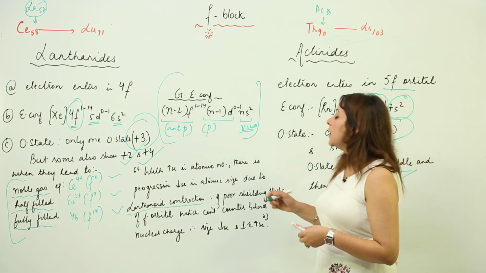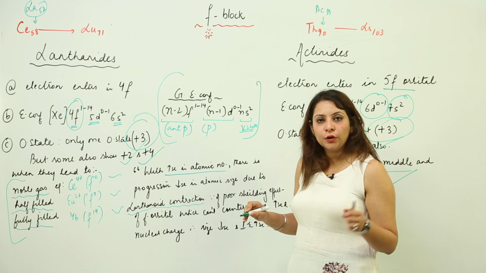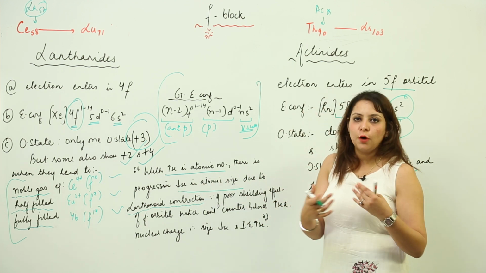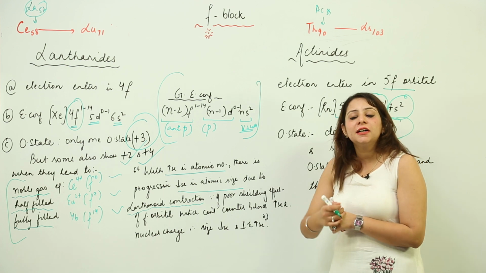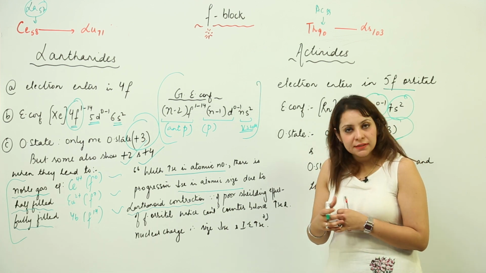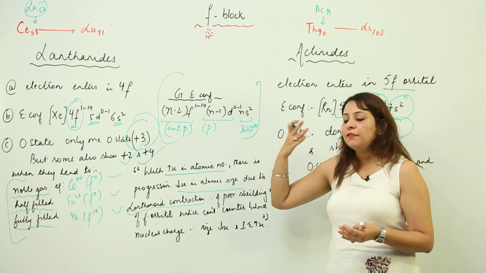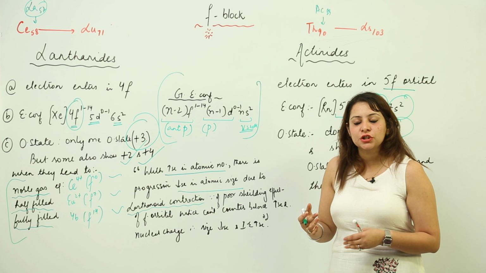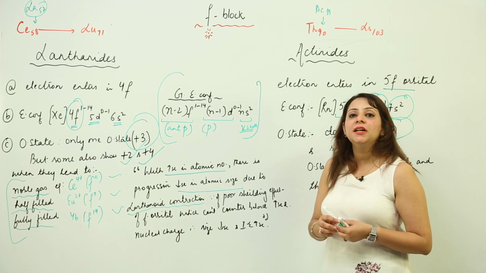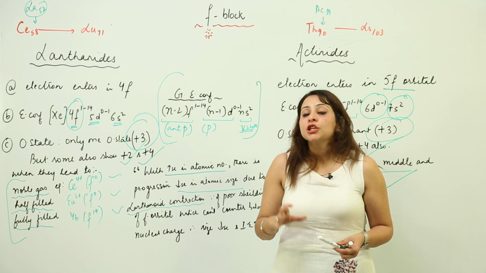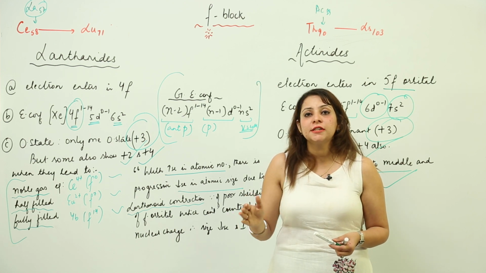The reason is that with increase in atomic number, the size actually decreases. Otherwise the opposite should happen, but here when the atomic number is increasing, the size is decreasing, because as we move more and more, the f orbital electrons are increasing, and we know that the f orbital has a diffuse shape and it shows a poor shielding effect. So it cannot shield its valence shell electrons in a proper manner.